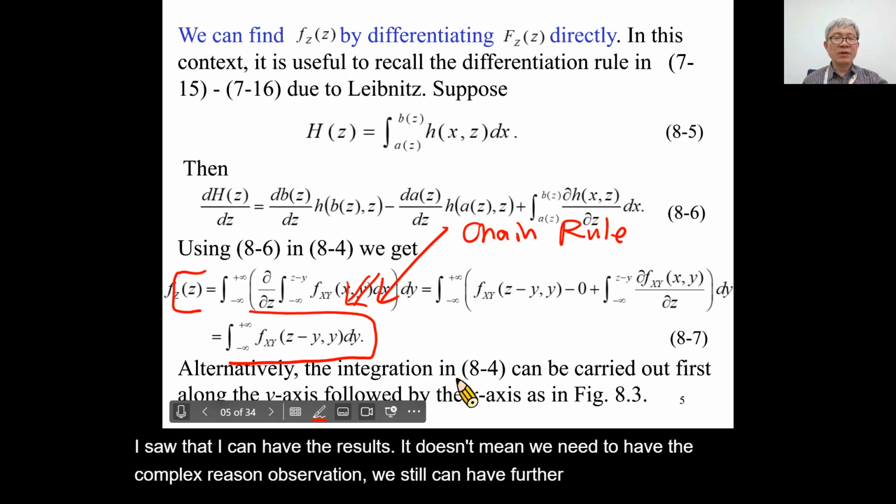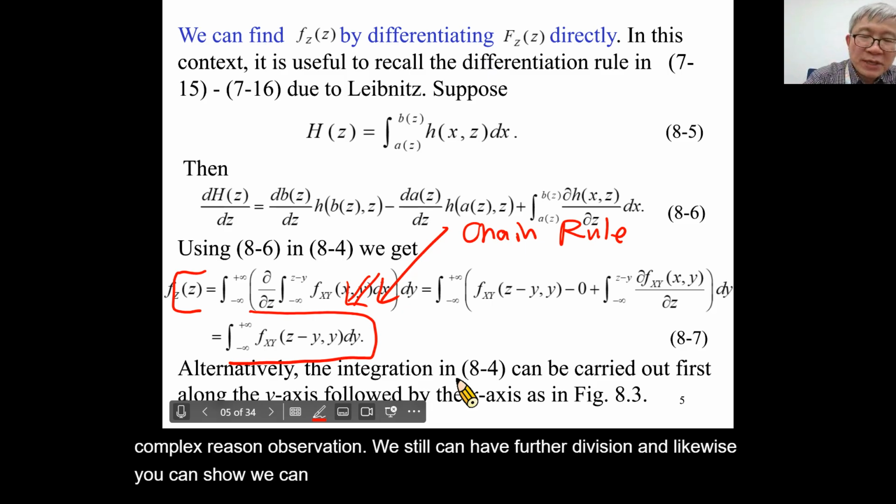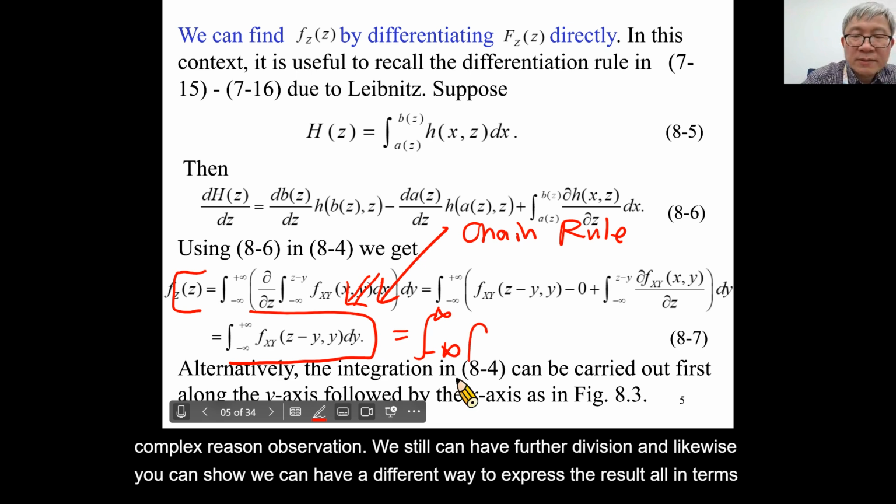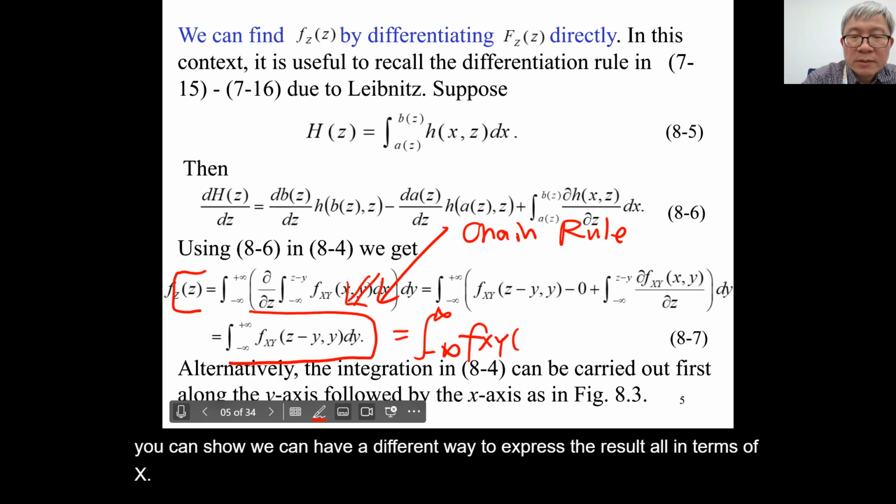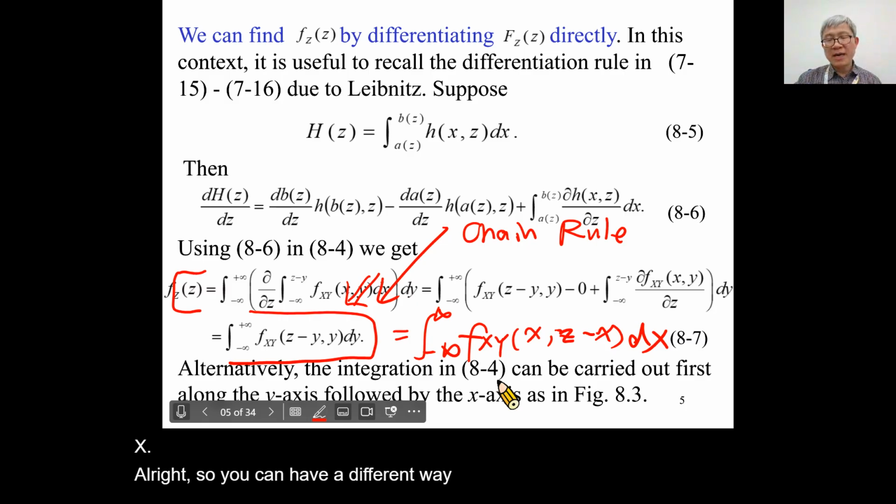And likewise, you can show we can have a different way to express the result, in terms of x. So you can have a different way to have the result.